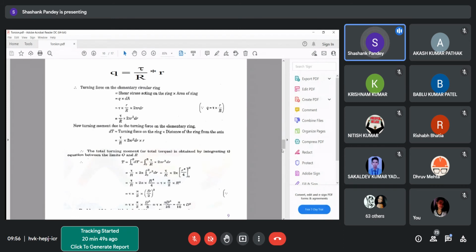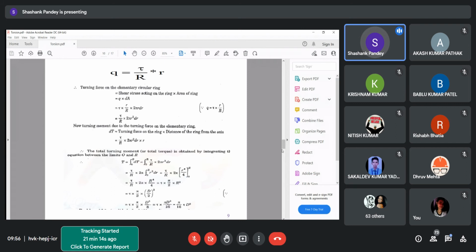If you have said this correctly, can you please give me the expression for the torque in terms of inner diameter d_i and outer diameter d_o for this hollow circular shaft? Someone of you can derive it and quickly give me the expression.